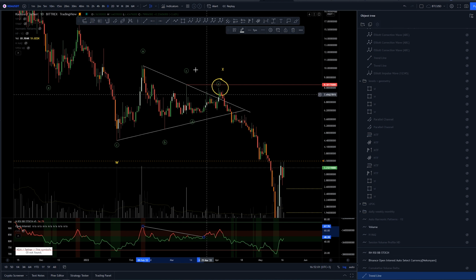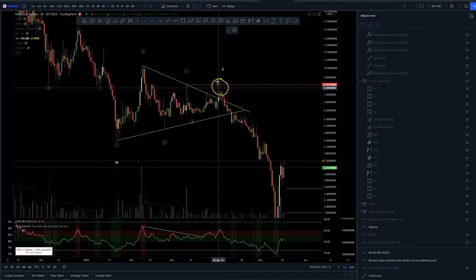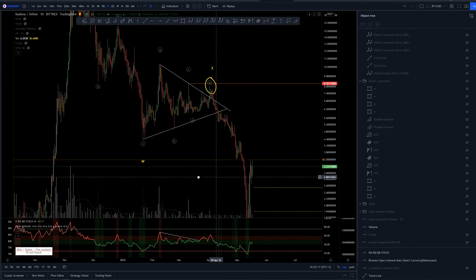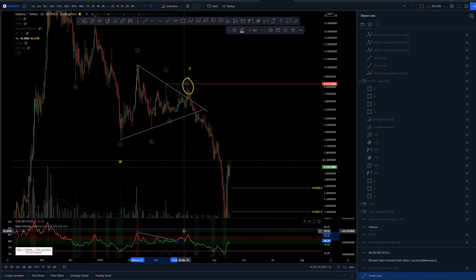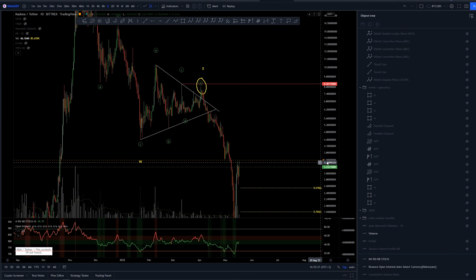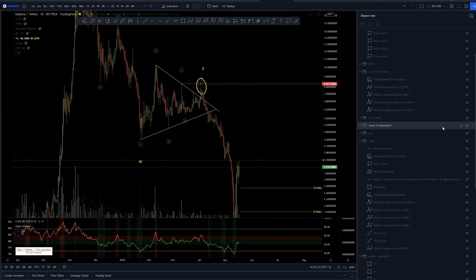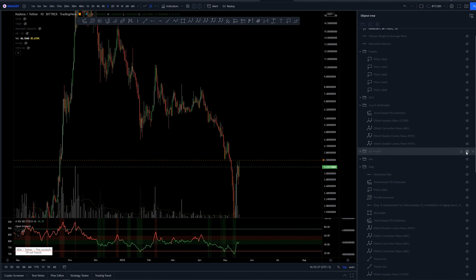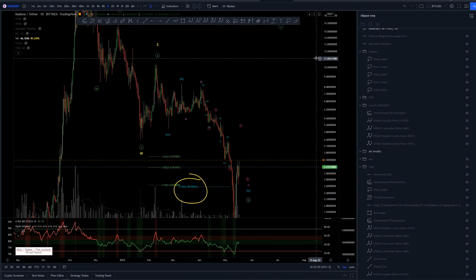And the E wave here, even though it doesn't get to the C wave or above it, would be price-wise valid, but again it made such highs here on RSI that we can't see any triangular structure, which makes it really unlikely. So I'm just going to remove it for now, as I feel like I have better alternative scenarios.